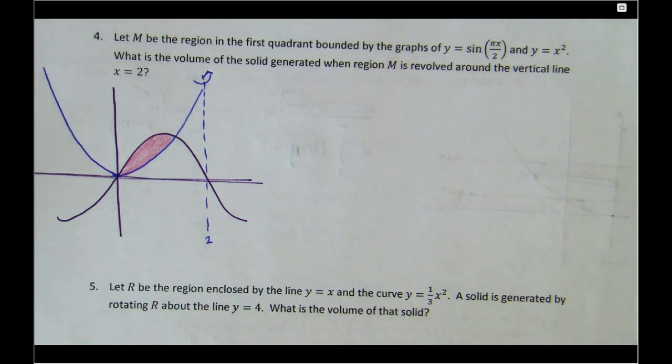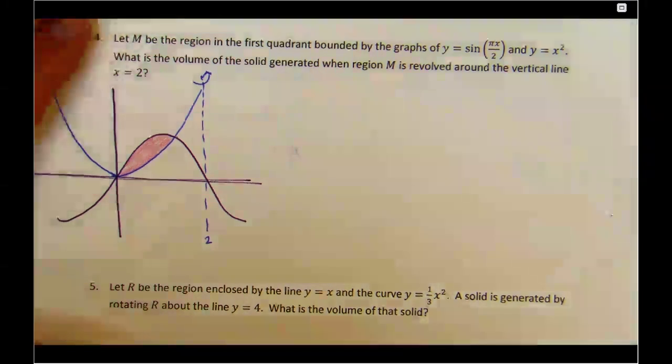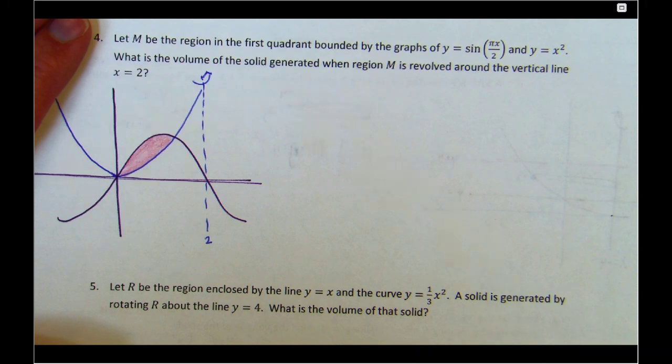That's a good question. It can't be done that way. It's not how you do it. There are other ways to draw your slices that you could do, but we don't cover them.